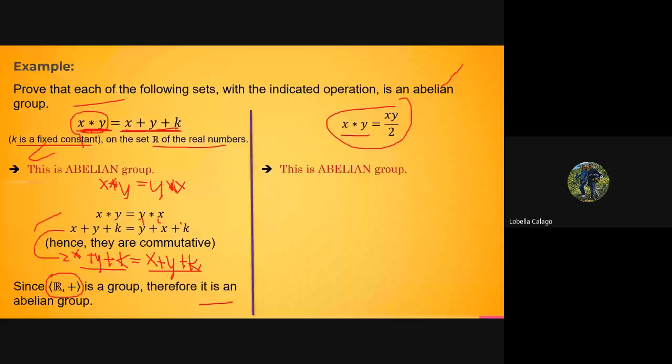Kasi baka tanungin nyo saan kinuha ang plus. Yung operations natin dito ay positive. So, ibig sabihin, R plus yung group. We all know that R plus is a group kasi all of real numbers with an addition operation is obviously a group. Therefore, abelian group din siya.